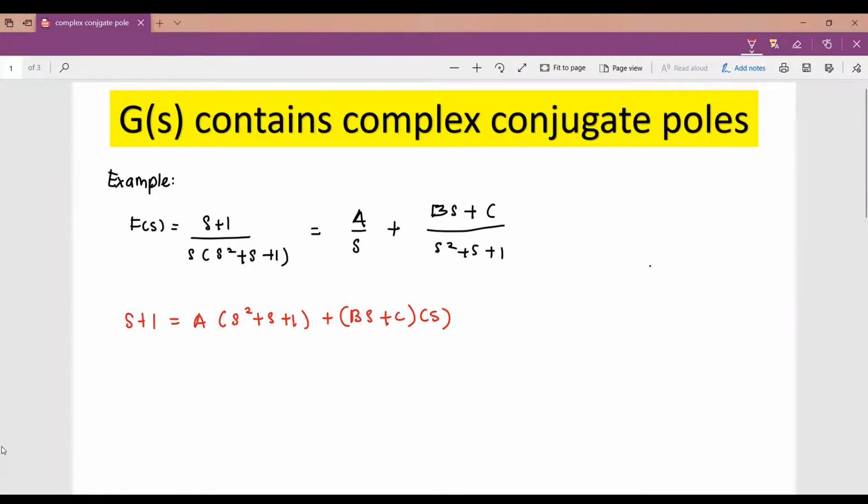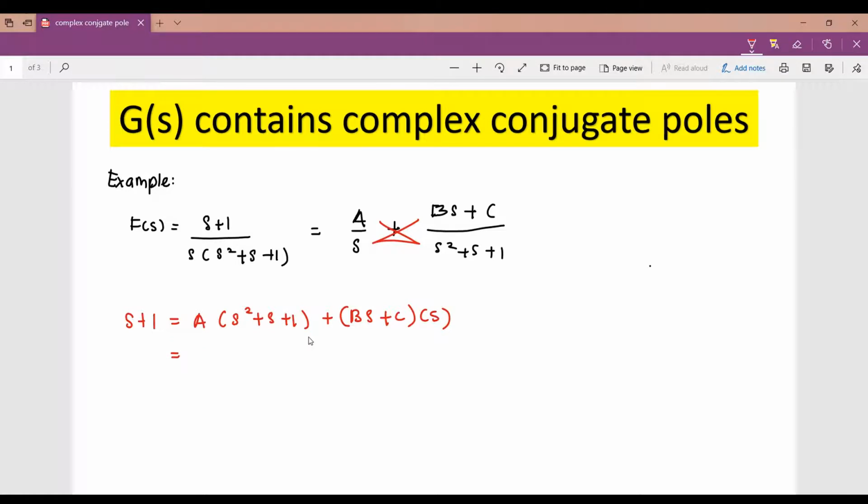So for the partial fraction here, you need to cross multiply so that the denominator is the same, and then you just copy the numerator only.